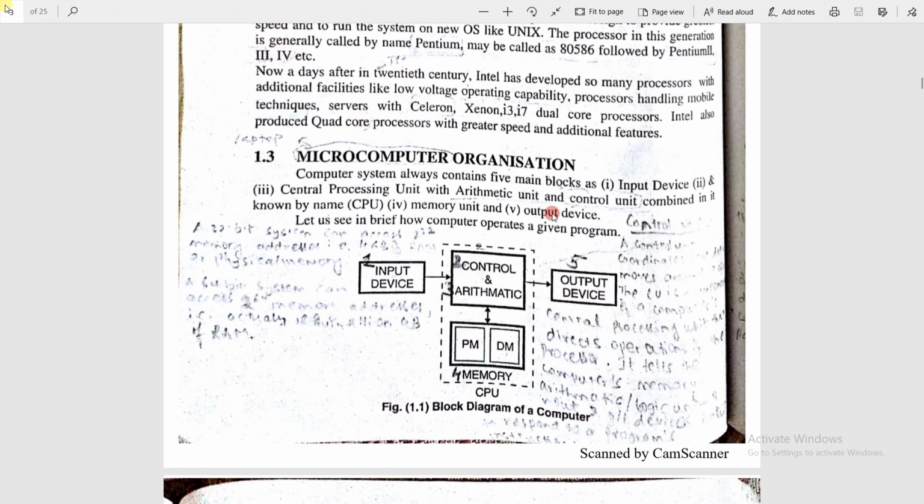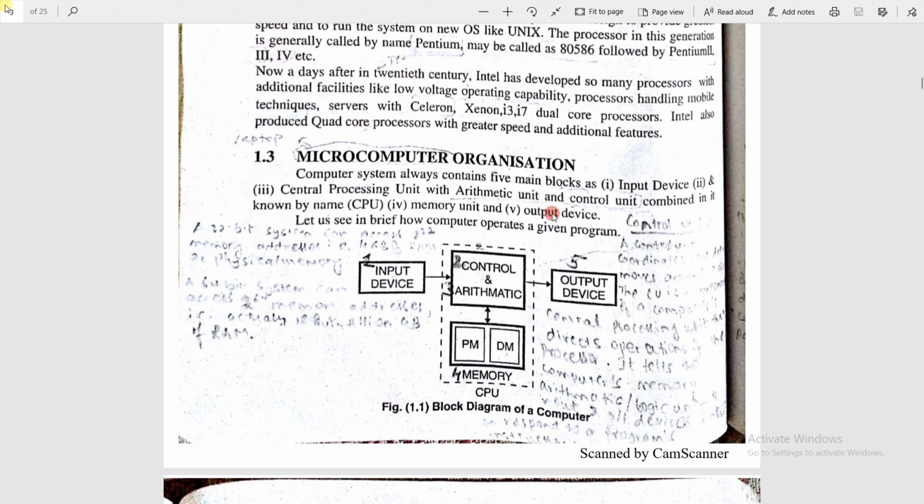Mainframe and supercomputer both do different tasks. Mainframes always deal with data, and supercomputers deal with the speed at which they can complete a given task. Mainframes deal with how much maximum data can be processed in a given time frame, but supercomputers focus on the speed, how fast they can complete a given task.